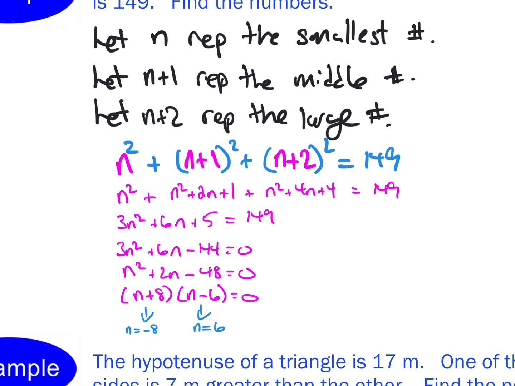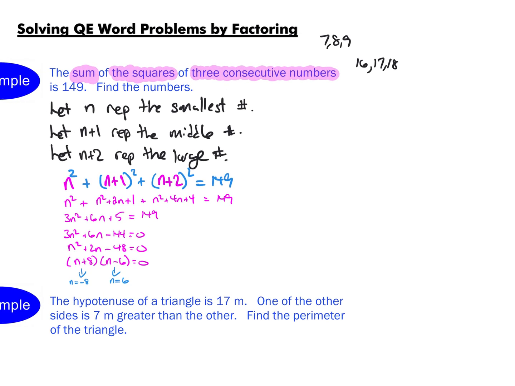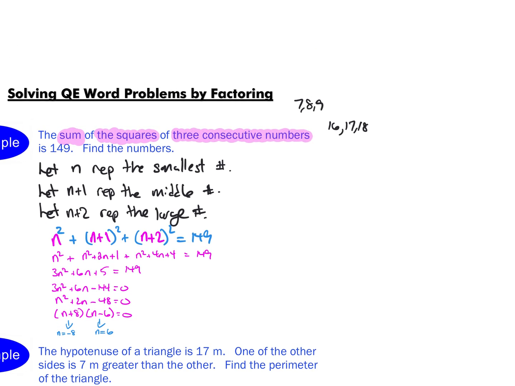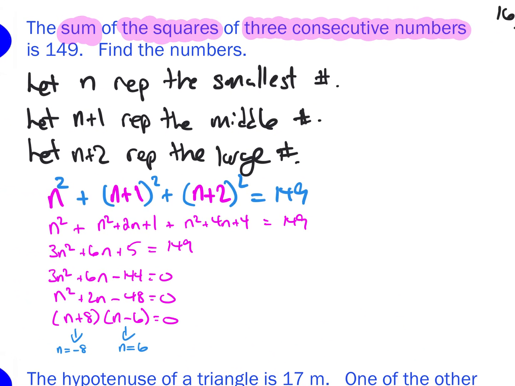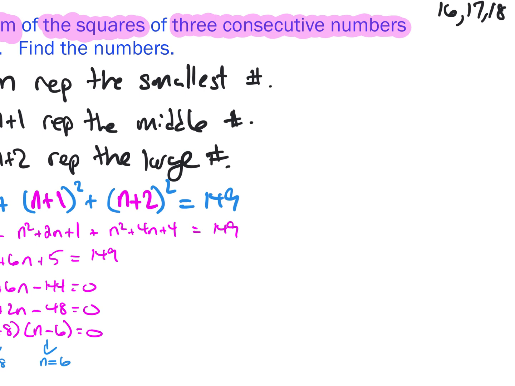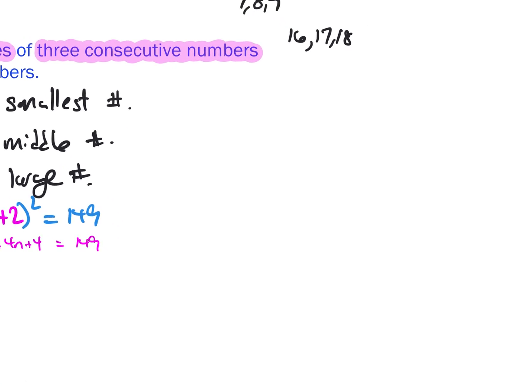And in this case, both of these give us an answer. So what we're going to do is we're going to take both of them separately. Because if we start at n equals minus 8 as our lowest number, then n plus 1 is going to be minus 7, and n plus 2 is going to be minus 6.